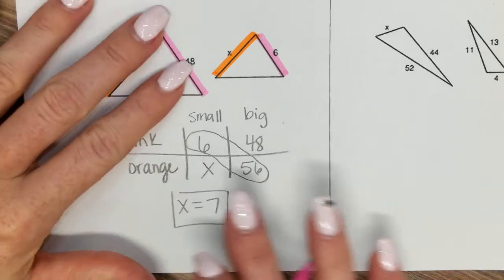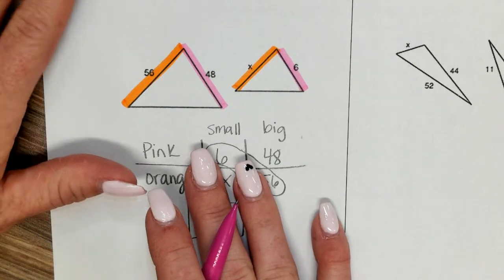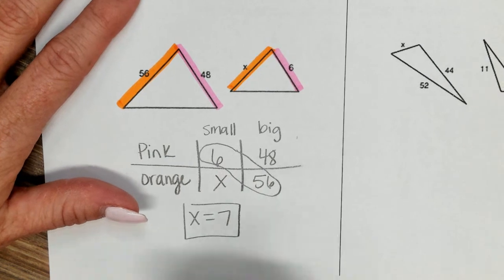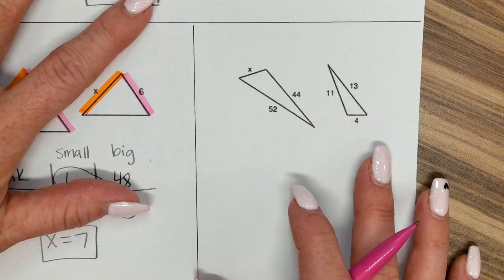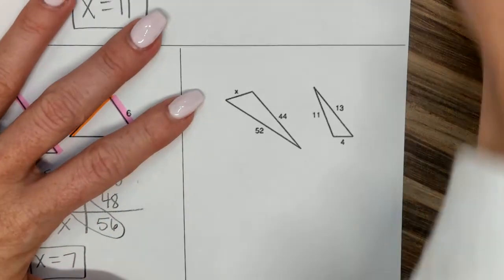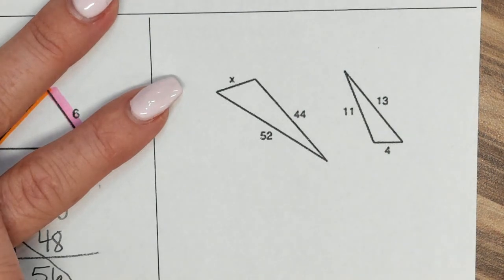Now, this is from 7th grade right here. So what are they going to do in 8th grade to make it more challenging? They are going to rotate the shapes to where they don't sit in the same position. So everybody look at this shape. Find the obtuse angle in this one.